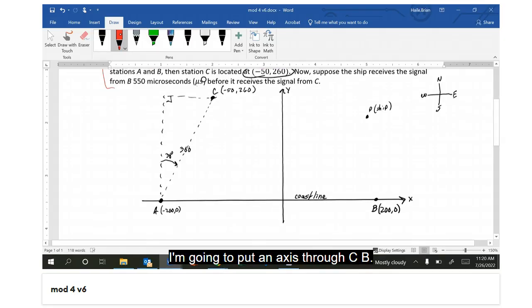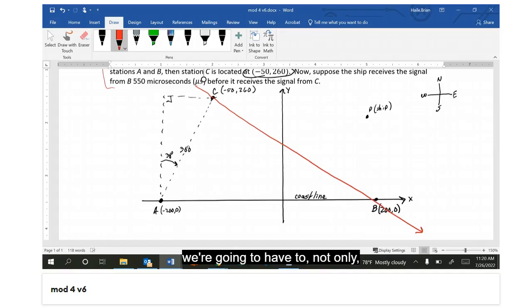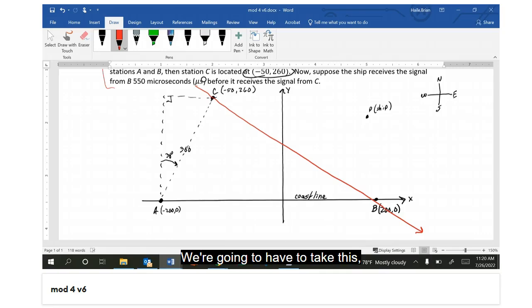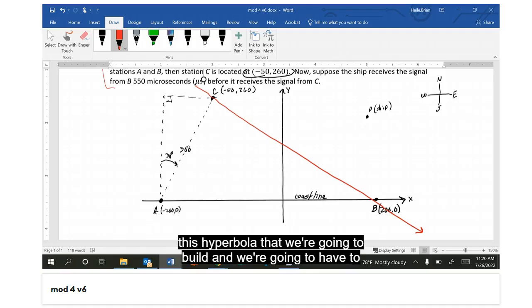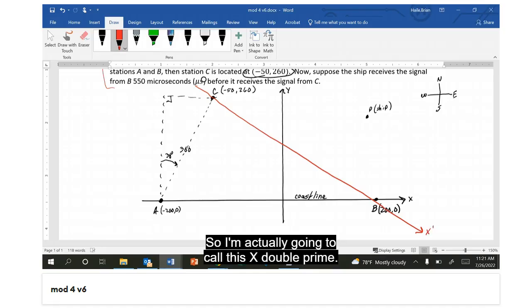I'm going to put an axis through C and B. But it can't be the x-axis, and it's not going to be x prime either, because to reference this hyperbola in the XY plane, we're going to have to rotate it and then translate it. So I'm going to call this x double prime.